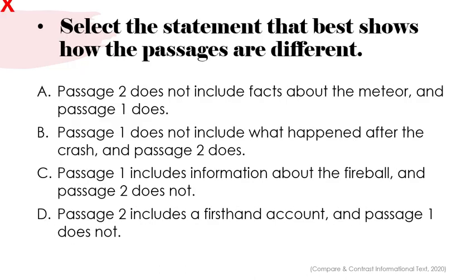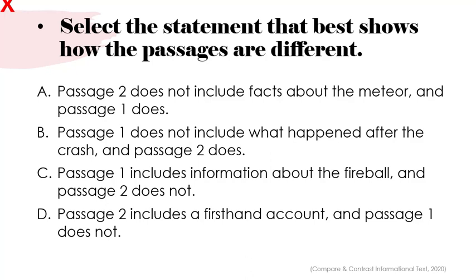All right, we're going to select the statement that best shows how the passages are different. A. Passage 2 does not include facts about the meteor, and Passage 1 does. B. Passage 1 does not include what happened after the crash, and Passage 2 does. C. Passage 1 includes information about the fireball, and Passage 2 does not.